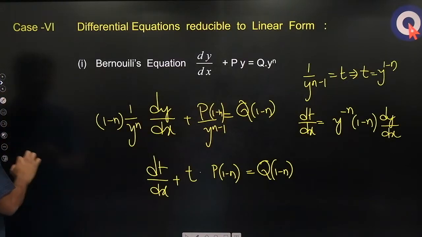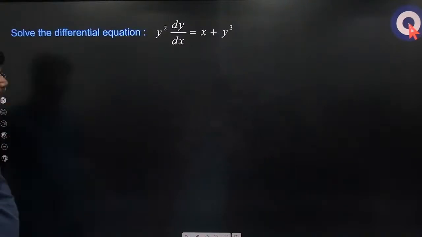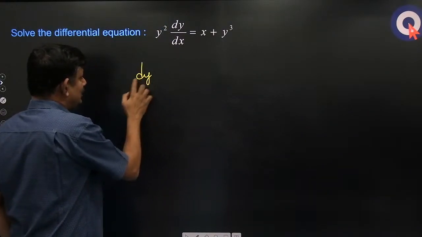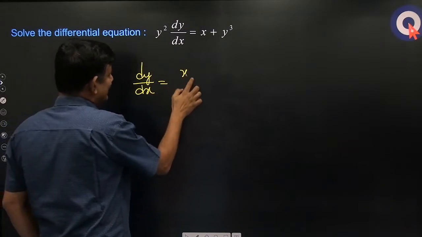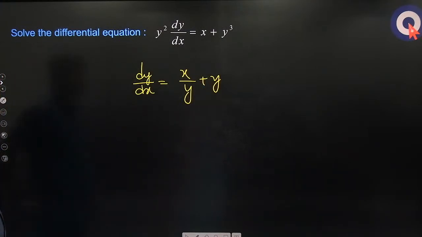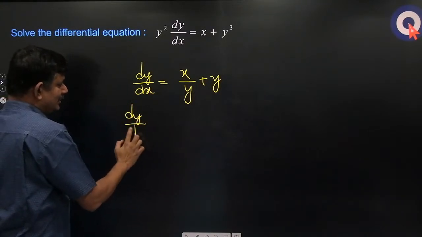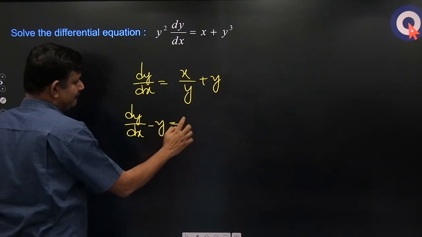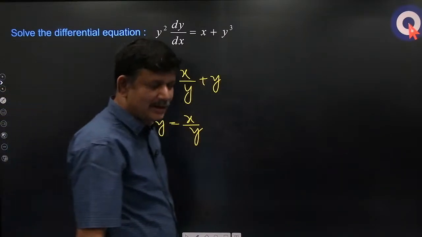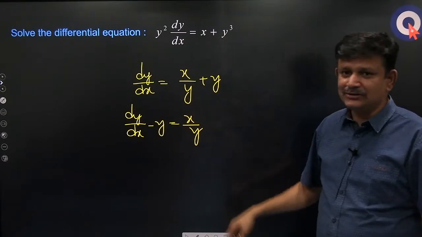If you compare it with the previous one, dy by dx plus py is equal to qy power n, y square should not be there. So dy by dx is equal to x by y square plus y. So no. If I bring this side, dy by dx minus y is equal to x by y. Up to y it was fine, p is minus 1 I could understand. With only x it would have been q of x, but there is y power minus 1.